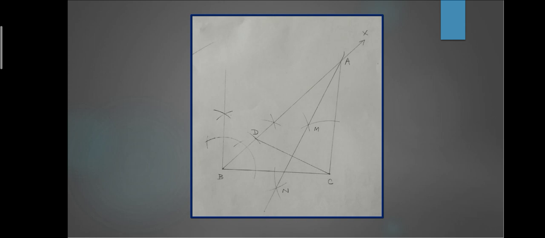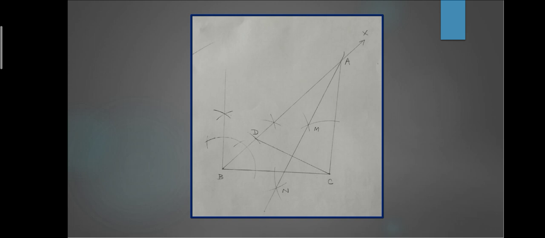Now, the justification for this construction is that the perpendicular bisector of CD divides the triangle ACD into two congruent parts. So, AC and AD are of equal length by CPCT. Now, AB minus AD is 3.5 centimeters.